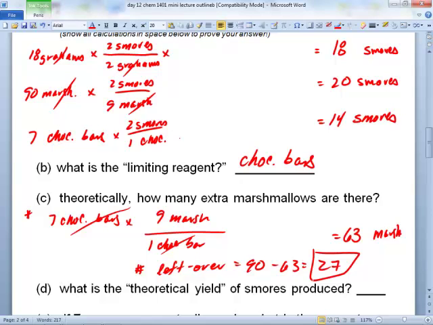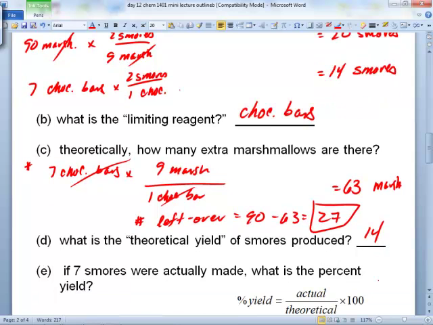Probably the 14. That's what they're after. In theory, how much of the stuff can you make? Well, you use a limiting reagent to get it, and we already did it up here. We don't have to do it again. But if we wanted to, we could convert the 7 chocolate bars into s'mores. Use the limiting reagent for everything. So the answer's 14. She's right.